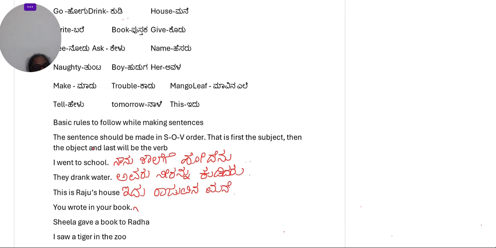Then you wrote in your book, ನೀನು ನಿನ್ನ ಪುಸ್ತಕದಲ್ಲಿ ಬರೆದೆ.